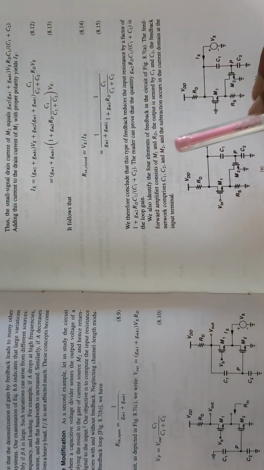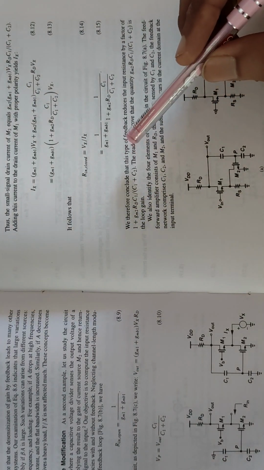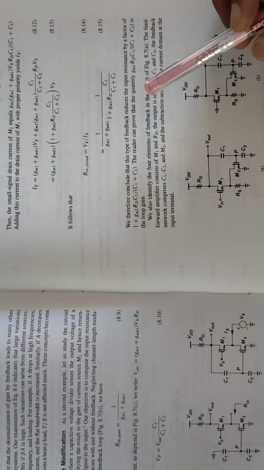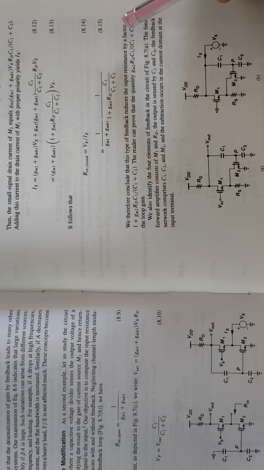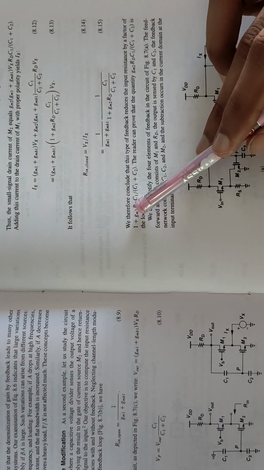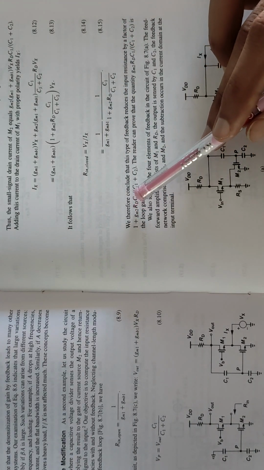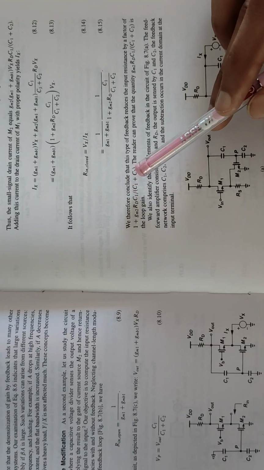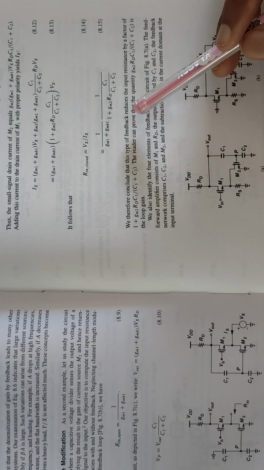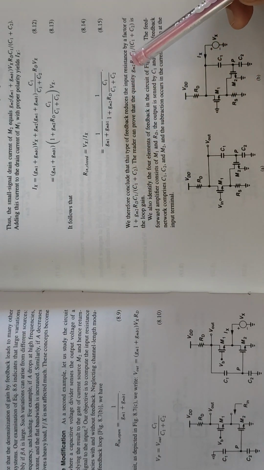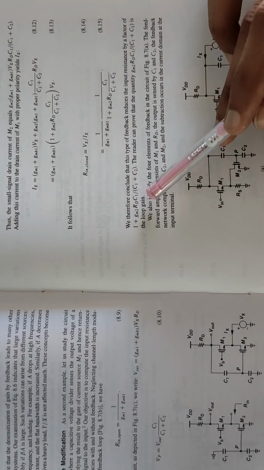We therefore conclude that this type of feedback reduces the input resistance by a factor of 1 plus gm2 RD C1 by C1 plus C2. The reader can prove that the quantity gm2 RD C1 by C1 plus C2 is the loop gain.